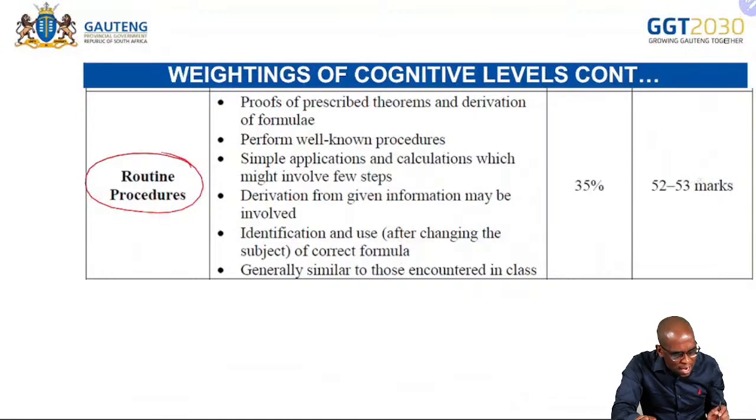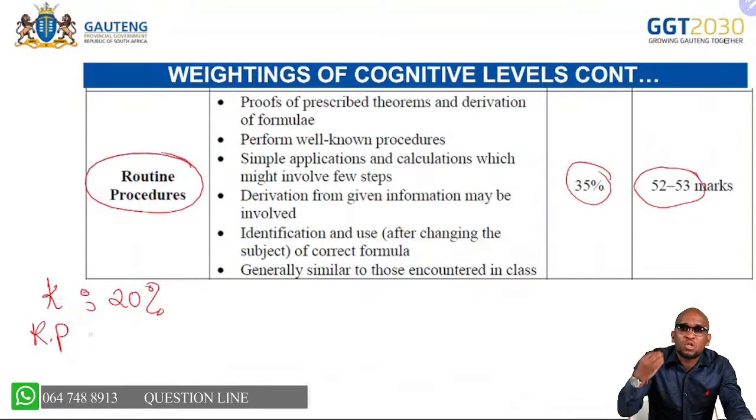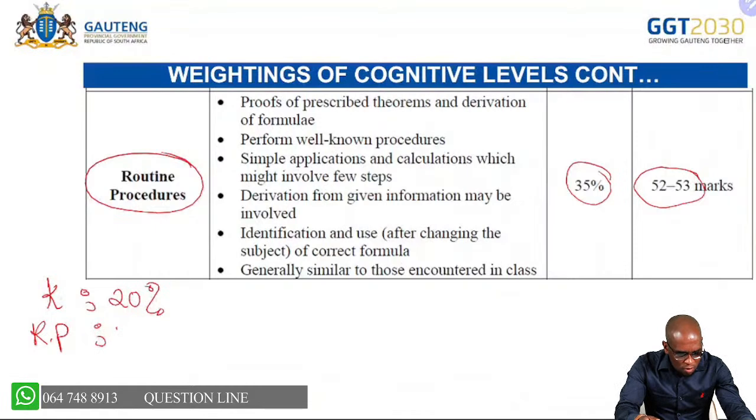If you combine knowledge questions, which is 20%, together with the routine procedure questions, which is 35%, you can see that you already have 55% of the paper coming from those low-hanging fruits, those accessible questions there.